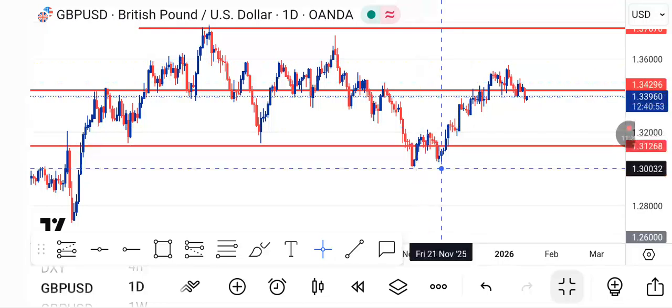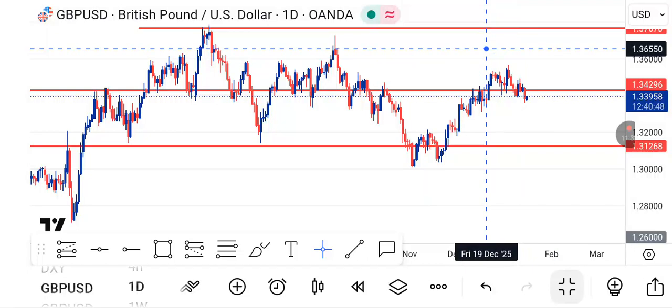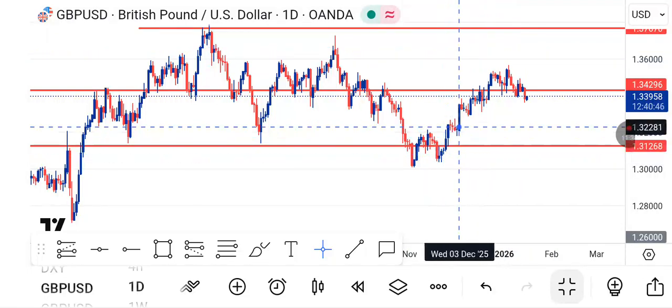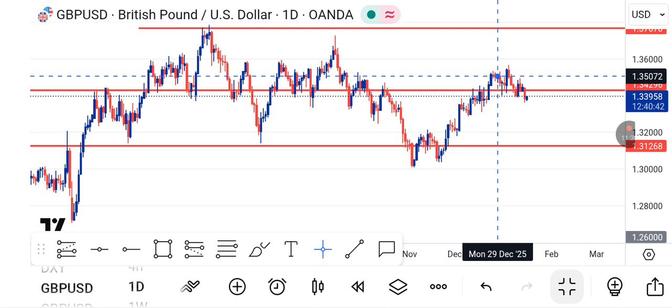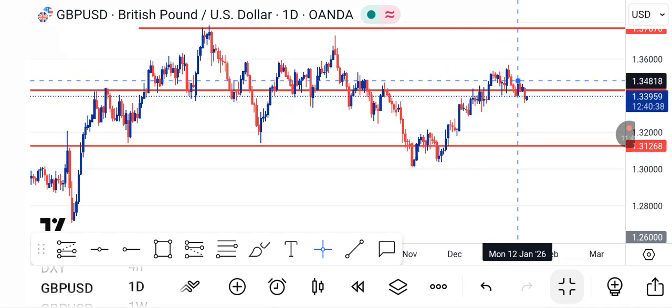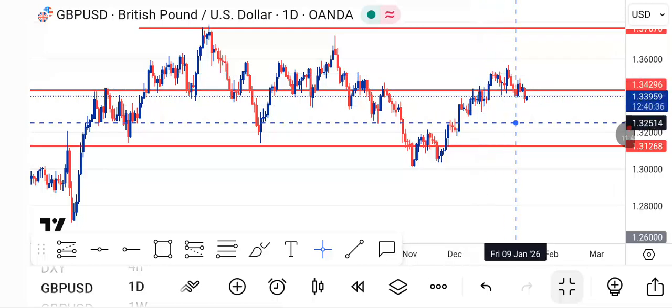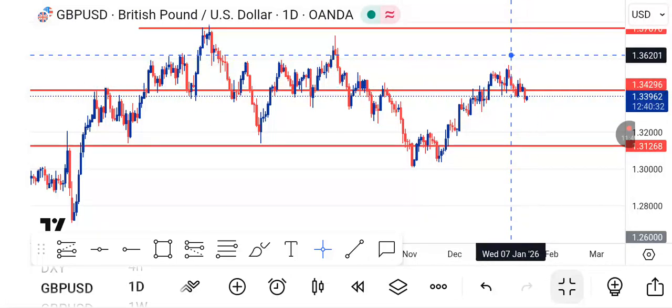So I am interested in what is happening around this place here. It has moved all the way to this place, then came back to retest, moved up a little bit, came back and did what? So now I want to see if I can analyze this area here.